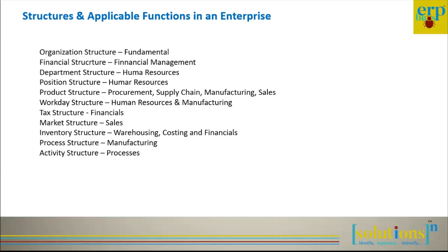Product structure, yes, if you have a bill of material or a product, take the example of a car. If the car is the output, what are the components? The seat, the toolkit, the tires, the engine. So we should have a hierarchy of the product so that the production department or procurement department can make use of those inputs.